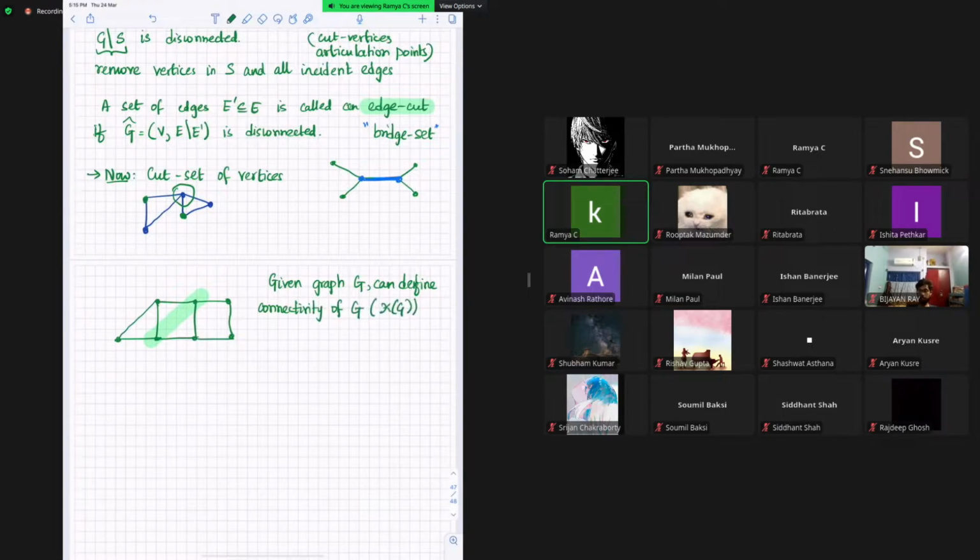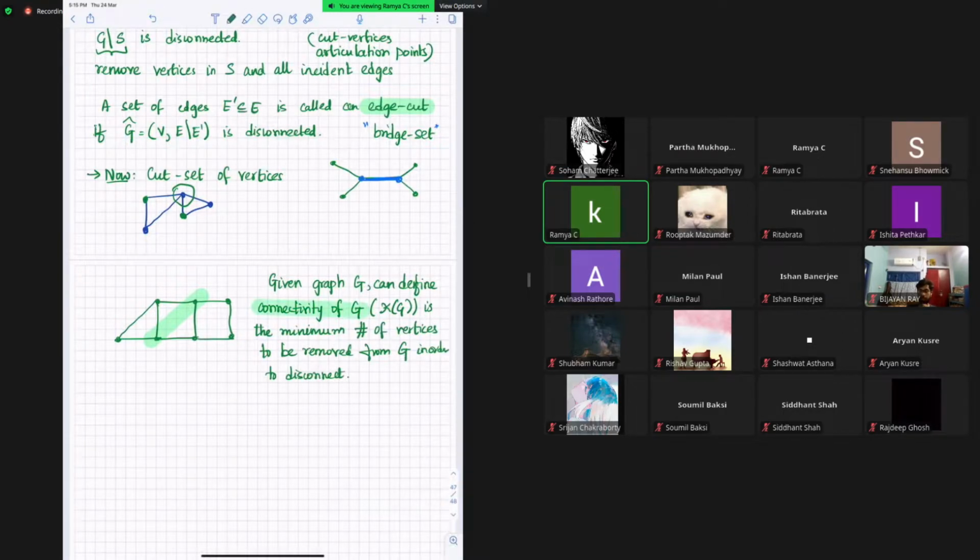So kappa of G. So this is the minimum number of vertices to be removed from G in order to disconnect. So you can also think about the size of the smallest cut, vertex cut. Is this definition clear?